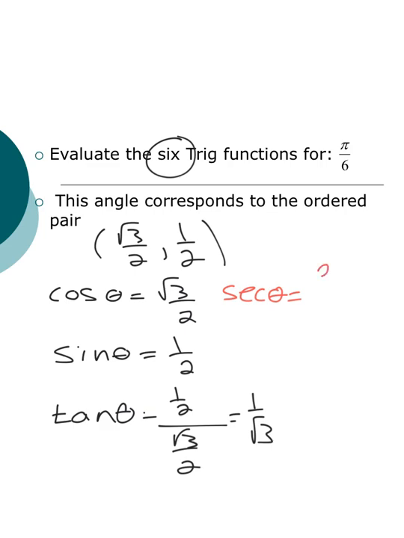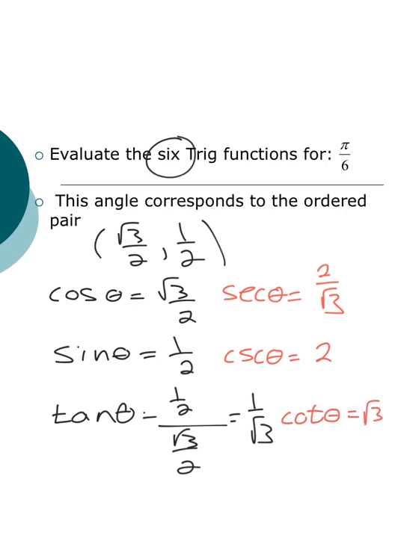So my secant would be 2 over radical 3. The cosecant is the reciprocal of the sine value. So same process here. We take the reciprocal of sine, and we end up getting 2. And then for our cotangent, it is the reciprocal of your tangent function. So my tangent was 1 over radical 3, which means my cotangent would instead be radical 3.